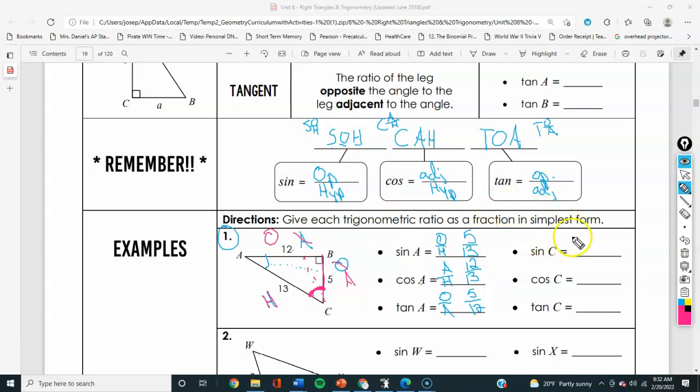So sine of C is my opposite over hypotenuse. So now my opposite is 12, and my hypotenuse is 13. Cosine is adjacent over hypotenuse. So it's 5 over 13. And tan is opposite over adjacent. So now that's 12 over 5.